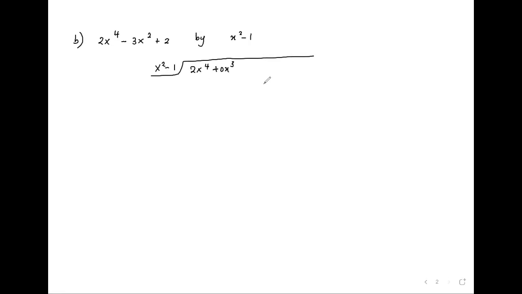If it's not appearing in the polynomial, it is 0x3, and then x squared, and 0x plus 2. The power reference there is important. You start doing 2x4 divided by x squared, we'll get 2x squared. So you write 2x squared there, and you multiply 2x squared by the whole x squared minus 1. So we'll get 2x4 plus 0x3 minus 2x squared.